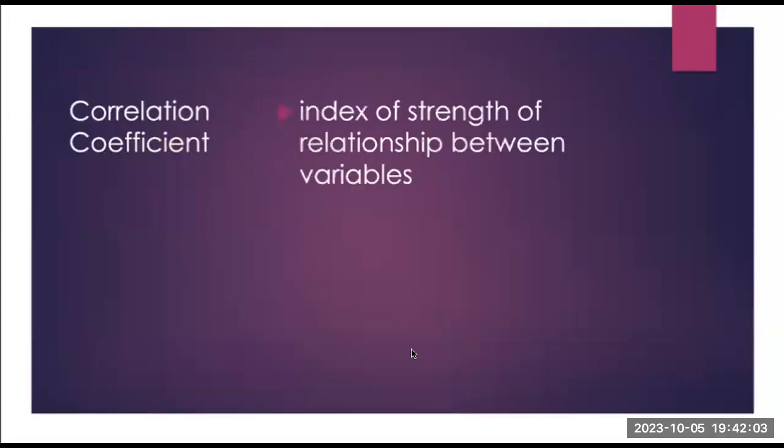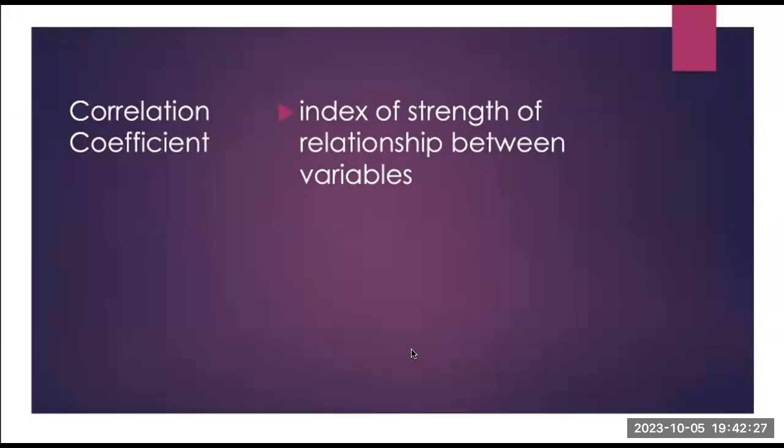Okay, correlation coefficient. So the correlation coefficient tells us how strong the correlation is. So a correlation goes anywhere from -1 to +1 in value. 0 means there's no correlation. So when we're talking about the strength of the relationship, what we want to look at is how far away is it from zero?